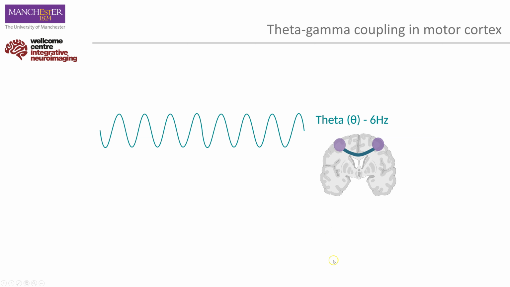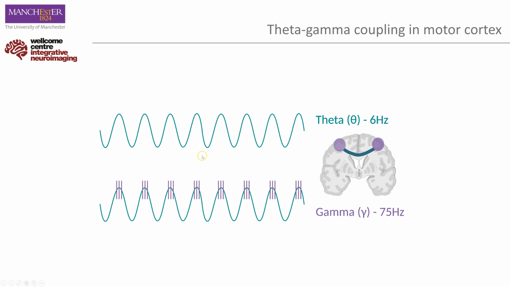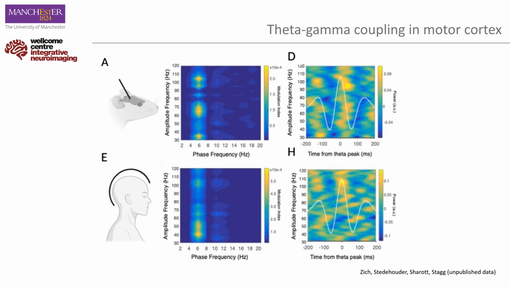So here you can see a theta wave, and now I'm adding in the faster gamma activity that appears and is correlated with the peaks of the theta wave. And so that is theta modulated gamma.